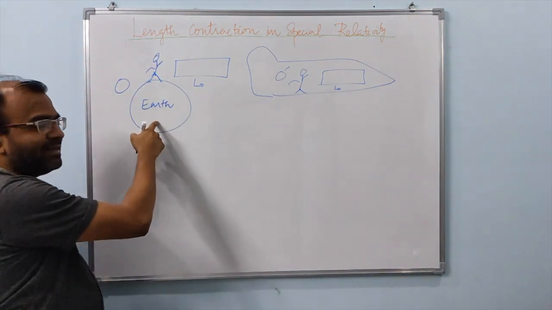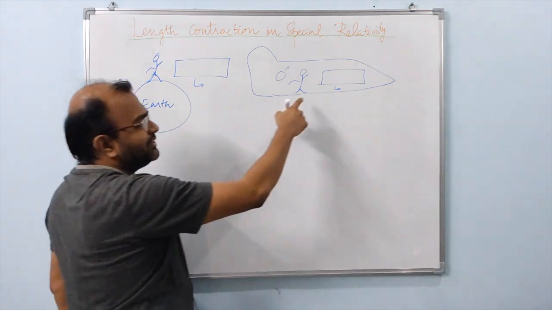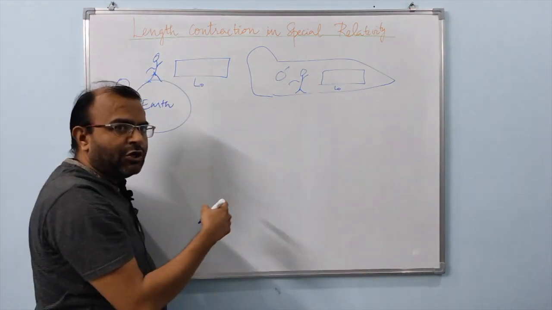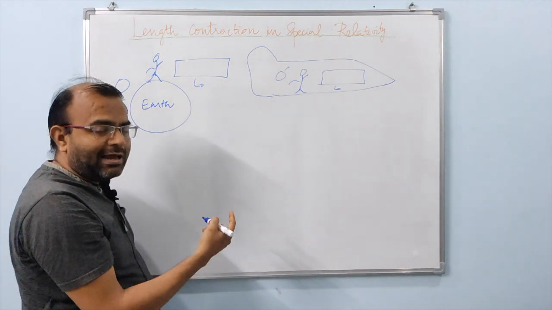But the earth-based observer O measures the length of this object to be shorter than its actual length.